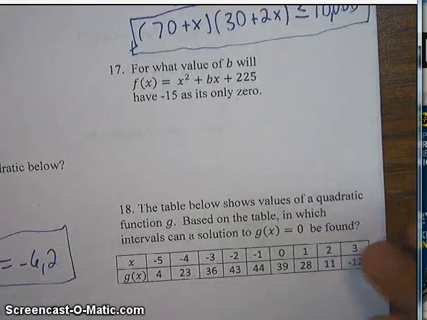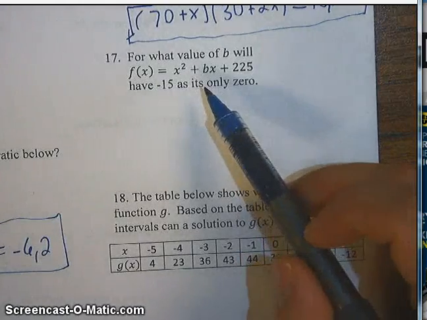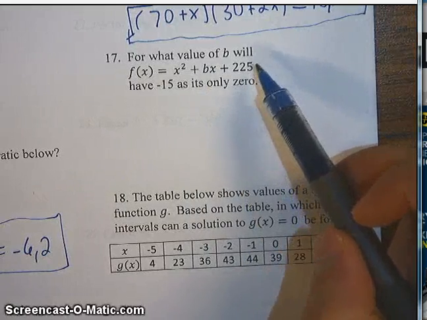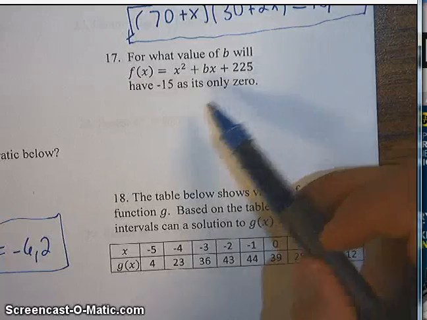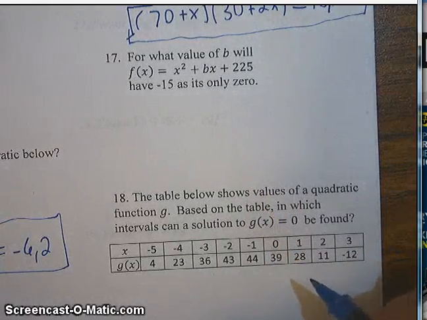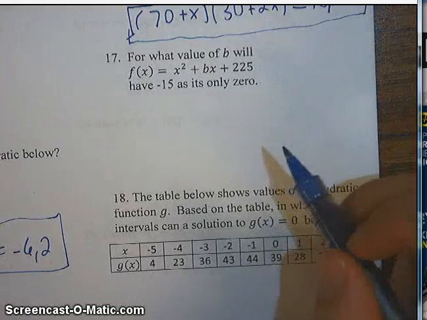All right, number 17 is a good one. For what value of b in the equation x squared plus bx plus 225, for what value of b will this equation have negative 15 as its only 0? Interesting. So remember that a 0 is where this thing crosses the x-axis.